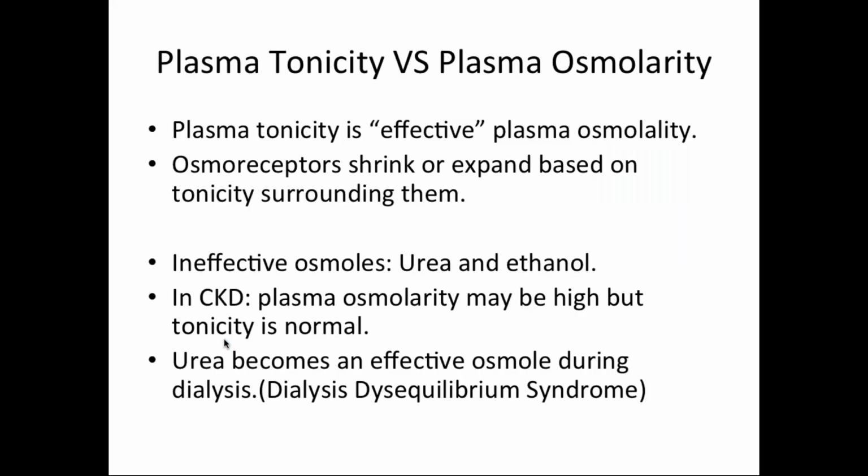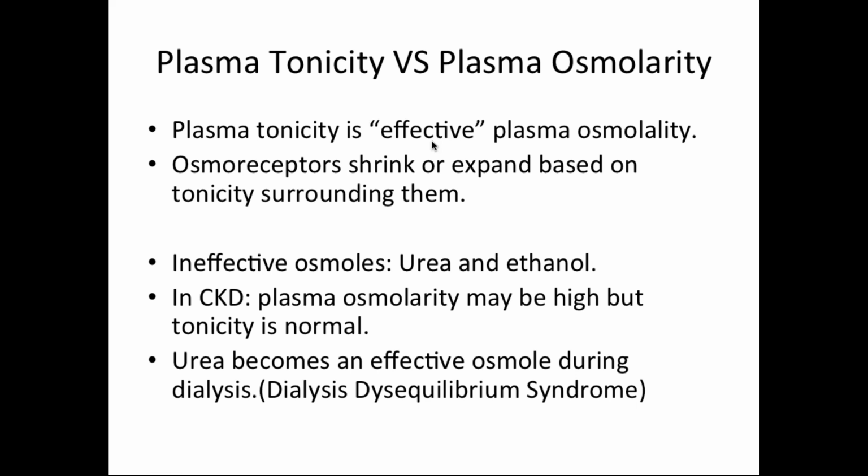In comparison, when we talk about plasma osmolarity and its regulation, one of the things we need to keep in mind is that when we talk about plasma tonicity, it is the effective plasma osmolarity, and the effective osmoles include sodium.